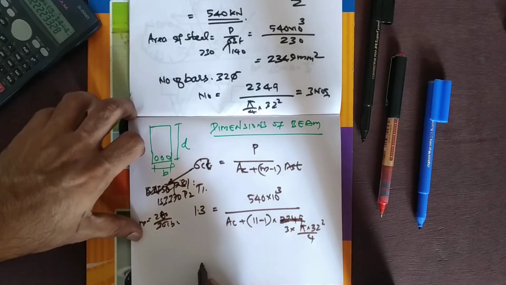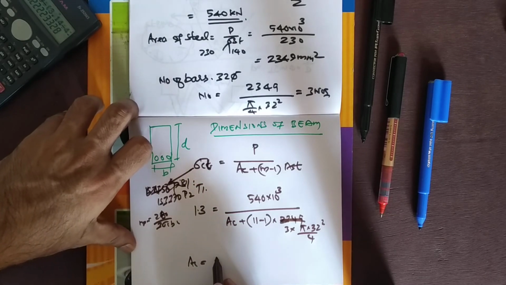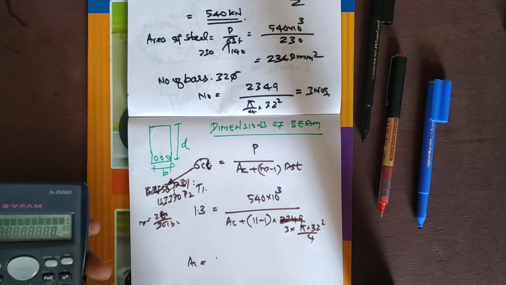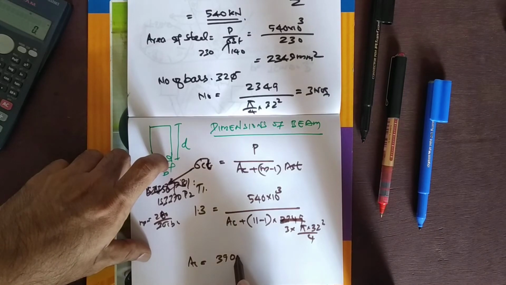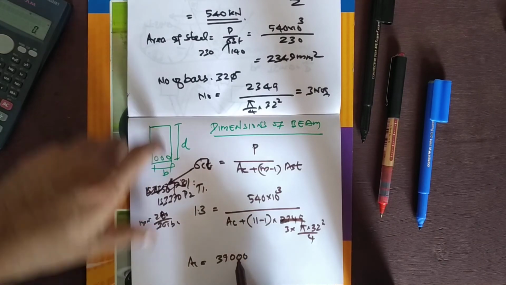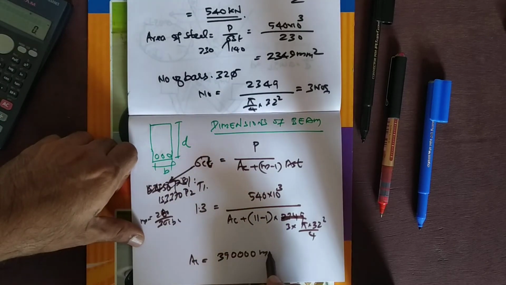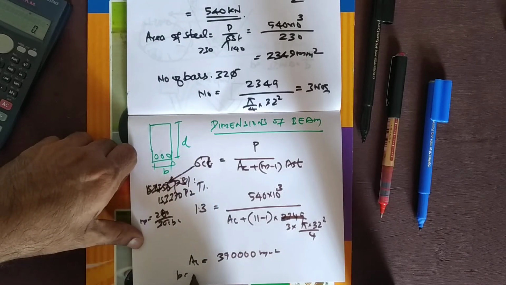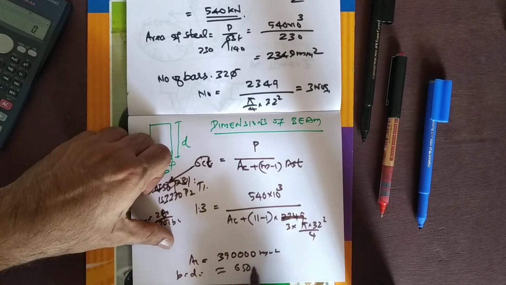So this will give AC approximately 390 millimeter square. So assume that both B and D are same, so therefore B is equal to D is equal to root of this one. So it will come approximately, I think 650 mm.